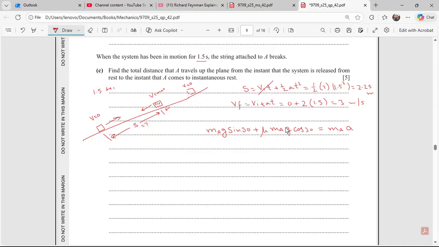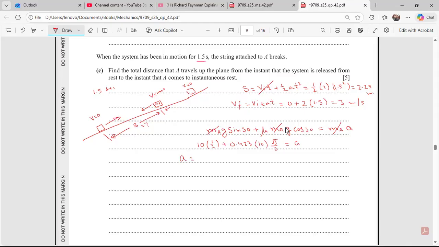So I have only g, which is 10, and sine theta is half, plus mu, which we have calculated as 0.423, and m a I have already cancelled throughout, into g, which is 10, and cosine of theta is square root 3 over 2, and it equals a. So this is how I can calculate the acceleration or deceleration of this object after the string is broken.